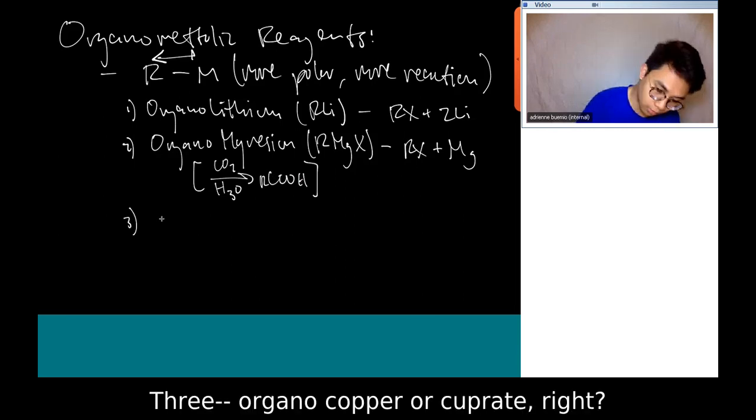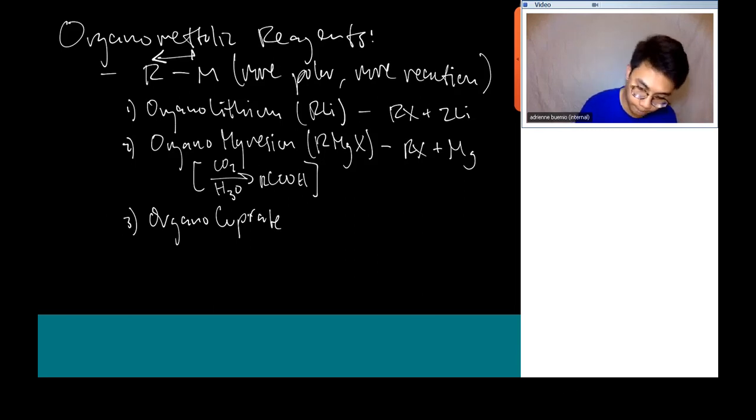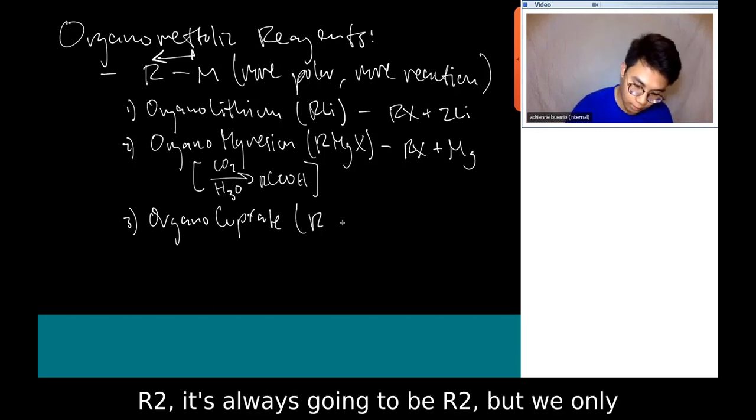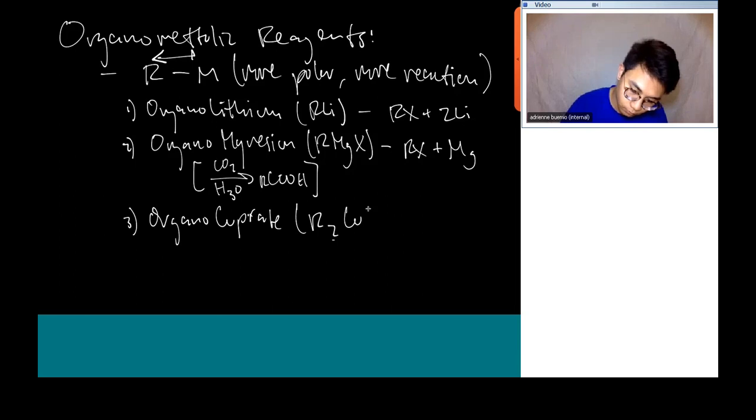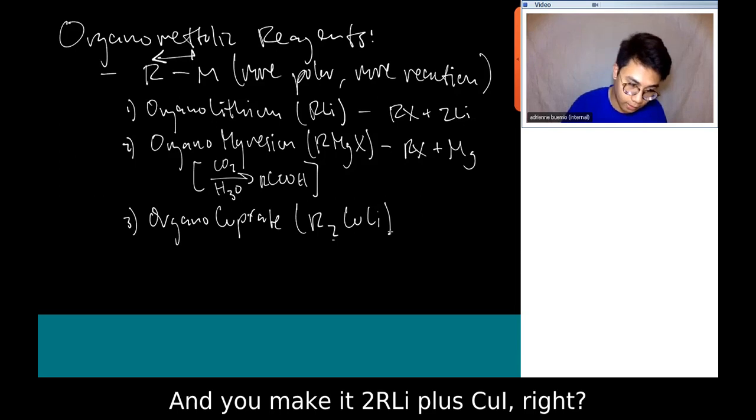Third, organocopper or cuprate, right? R2, it's always going to be R2, but we only use one R when we're attaching it. And you make it from 2 RLi plus Cu(I).